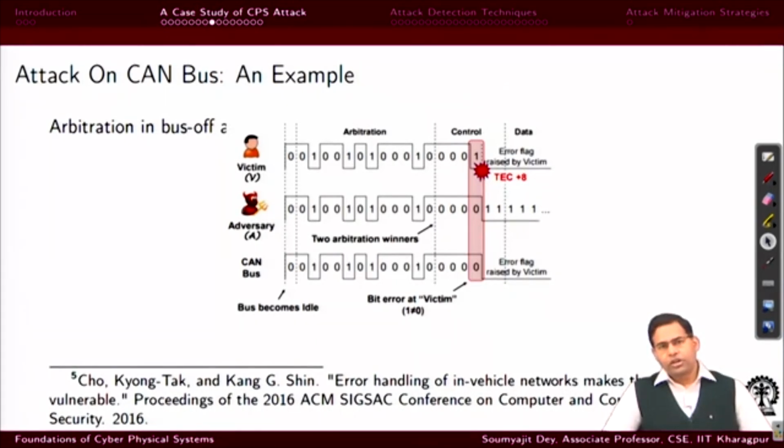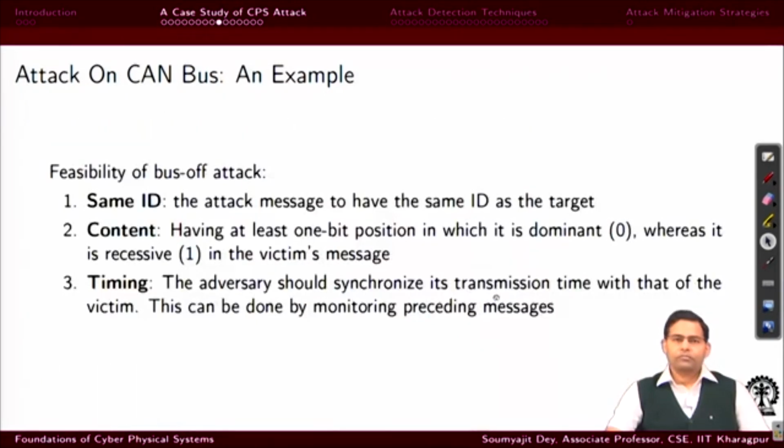And due to this, its transmission error count will go up by 8, right. Because the victim can see that it was transmitting a 1, but the adversary transmitted a 0, and that is why this bit error happened here, right.